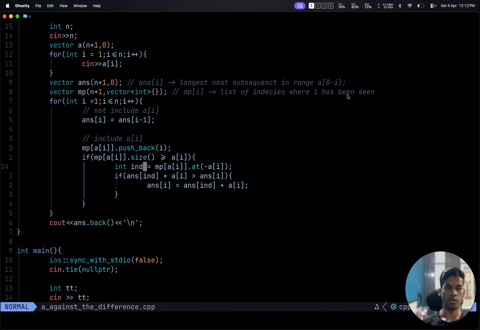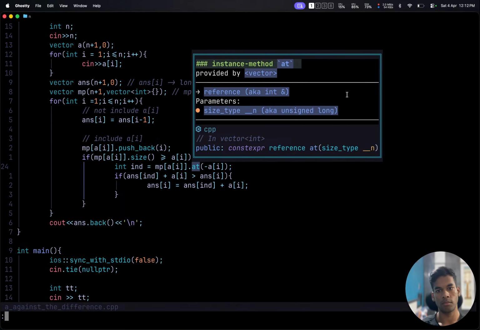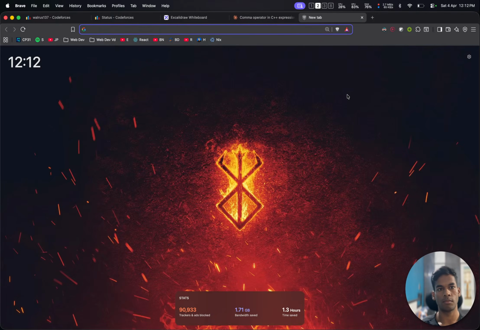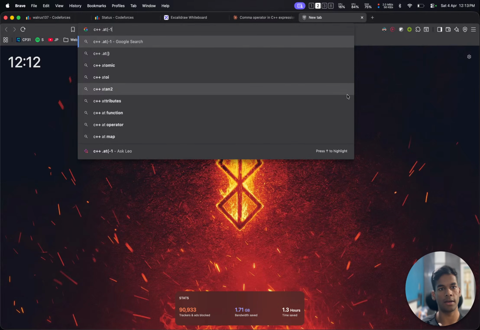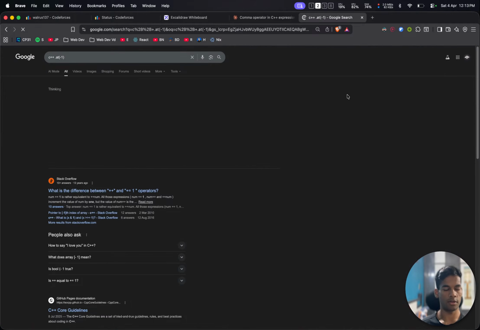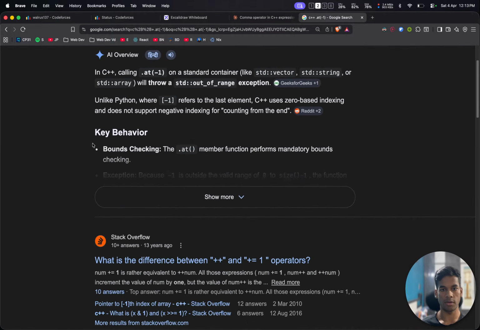And if we were doing this with something like 1, we would get at c++ dot and -1. Does it return the last element?